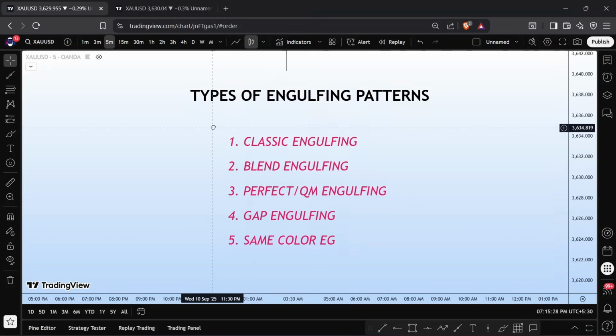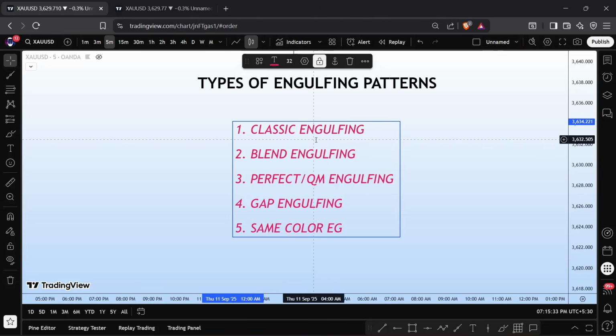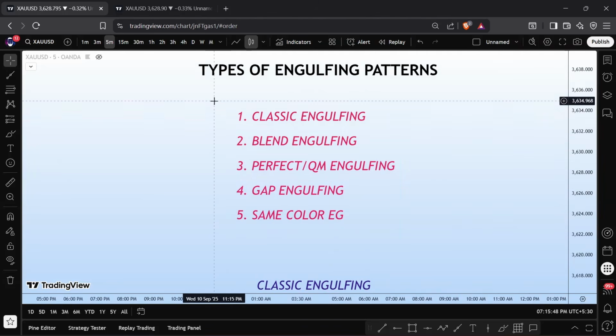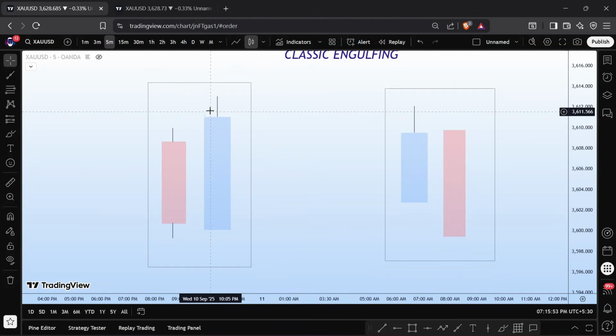So we have 5 types of engulfing pattern. One is the very classic engulfing pattern. Then you have your blend engulfing pattern. Then you have the perfect or Quasimodo engulfing pattern. Then you have your gap engulfing pattern or same color engulfing pattern. Okay, the classic one is very simple. You guys know that by now: for a bullish engulfing pattern, all we need is the high of this bearish candle to be engulfed with the bullish body closer.